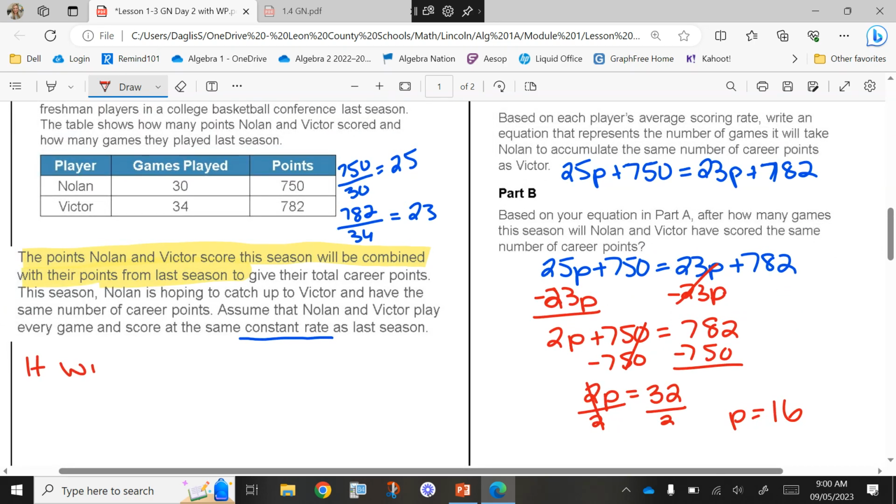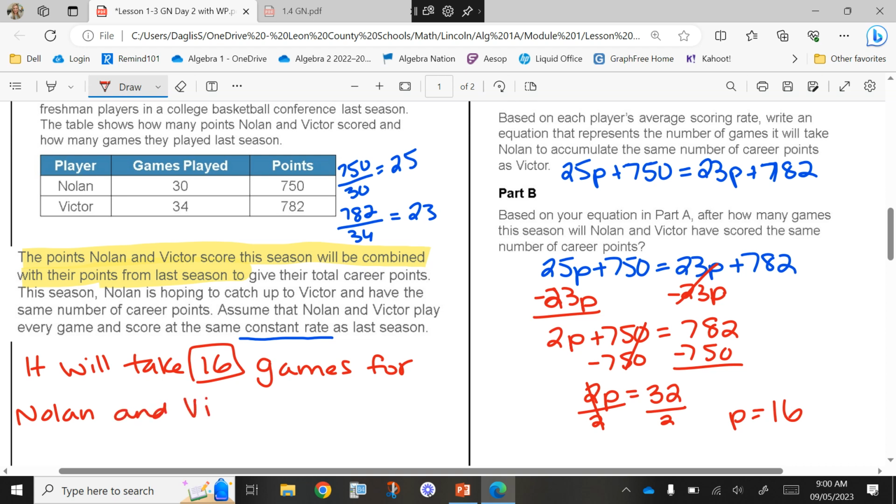So it will take 16 games for Nolan and Victor to have the same career points.